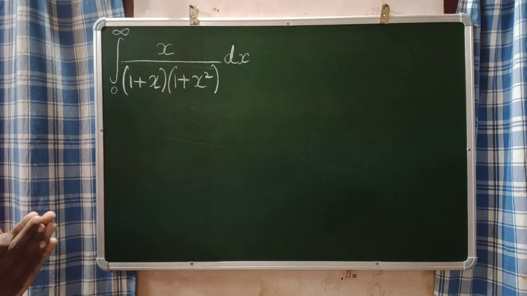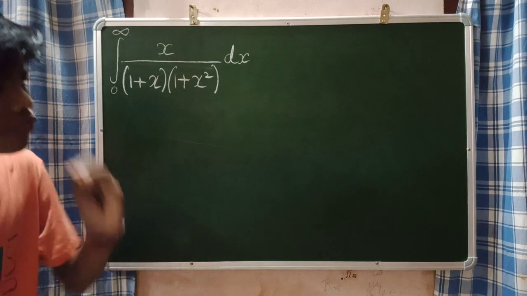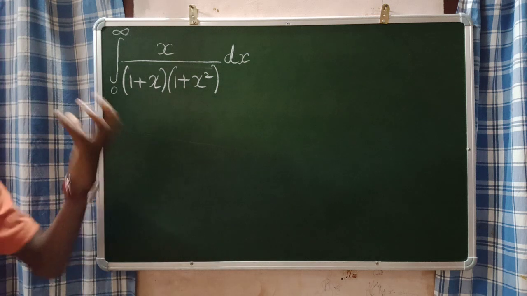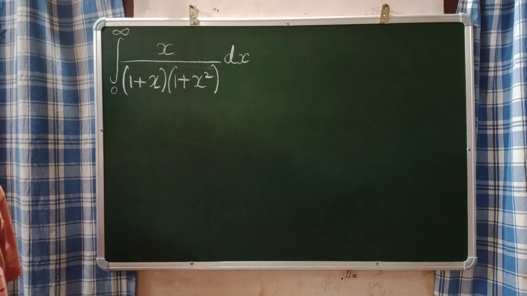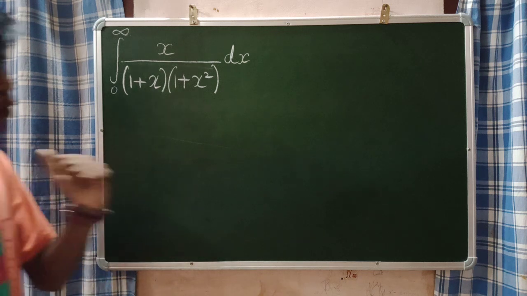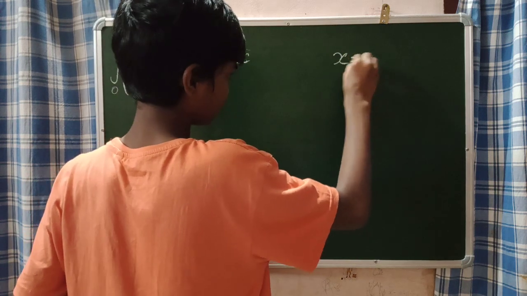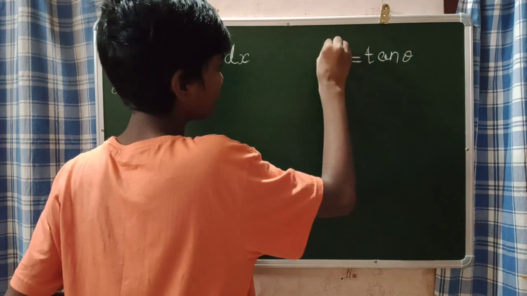So guys, the main twist of this question is the value of x that I am going to take to solve this integral. I am going to take x as tan theta. Why particularly tan theta, guys, try to understand.